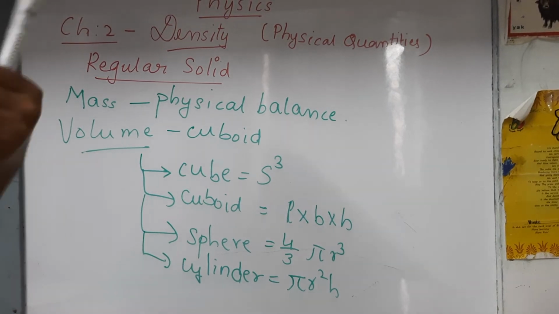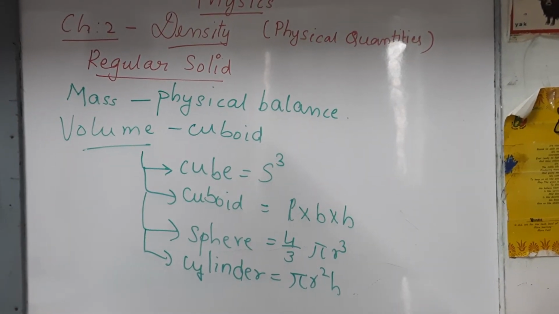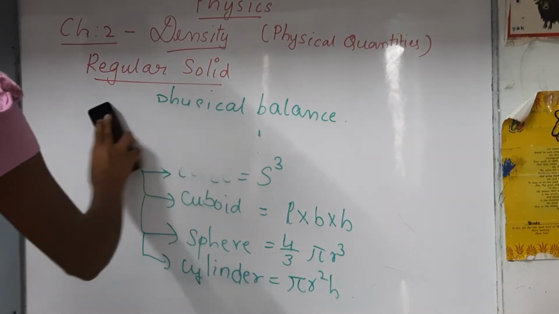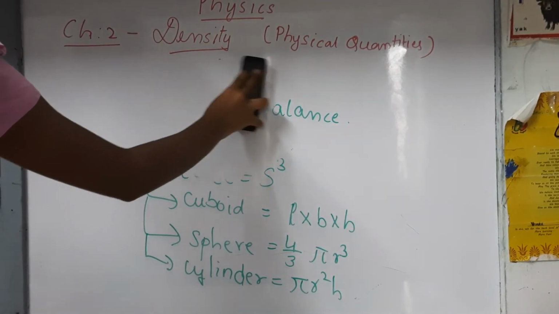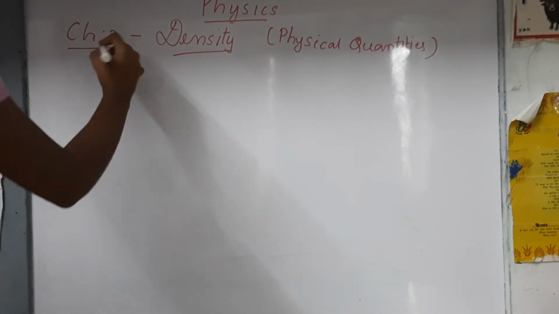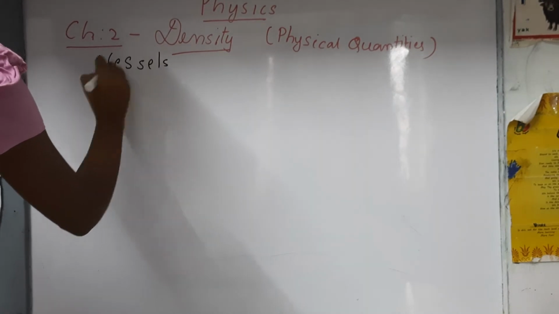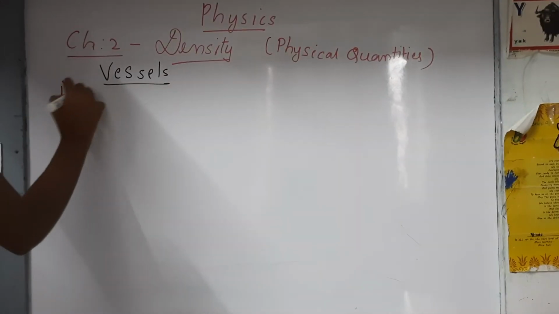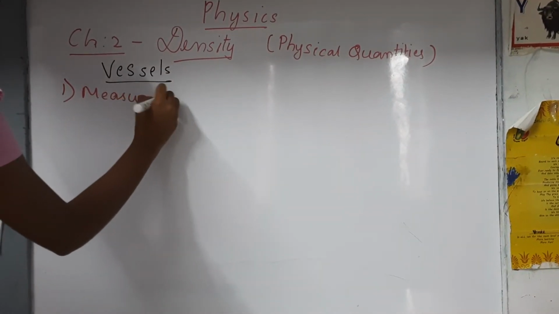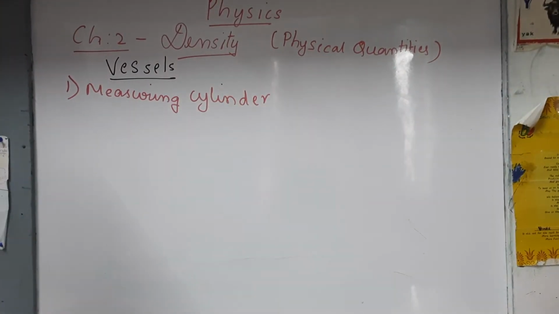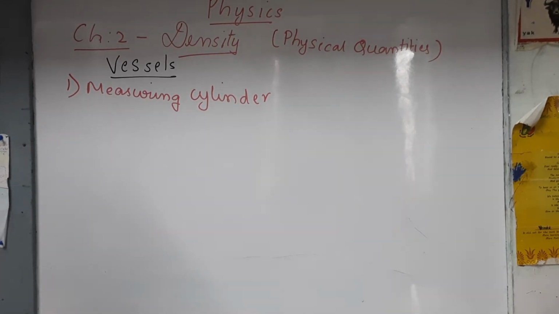Now let us go to the next topic. That is the vessels which are used to measure density or the volume. What are the vessels used? Commonly used vessels are, first, the measuring cylinder. These measuring cylinders have a fixed amount of length.